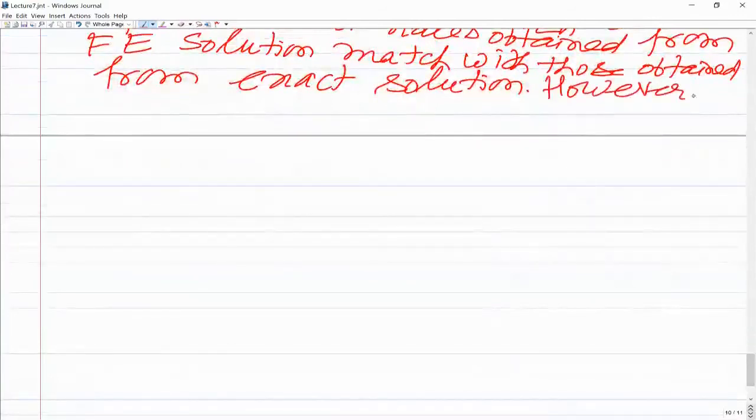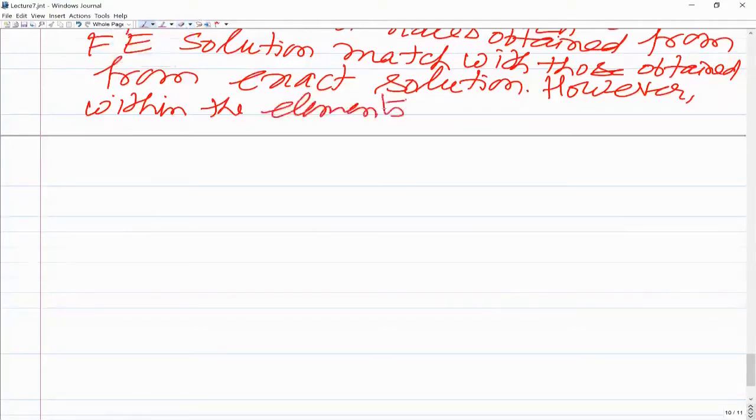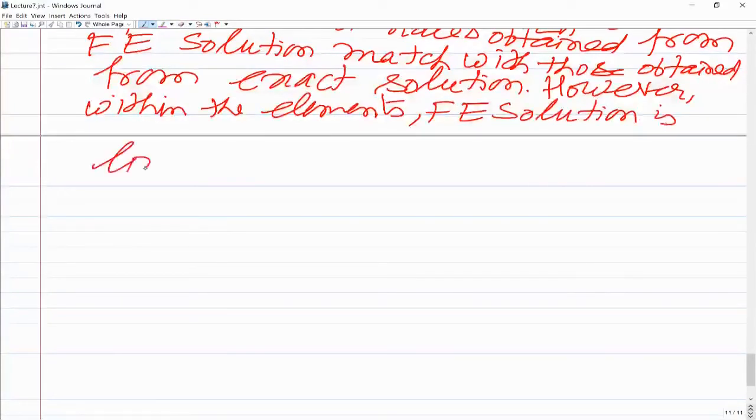However, within the elements, the FE solution is linear in x, but the exact solution is quadratic.